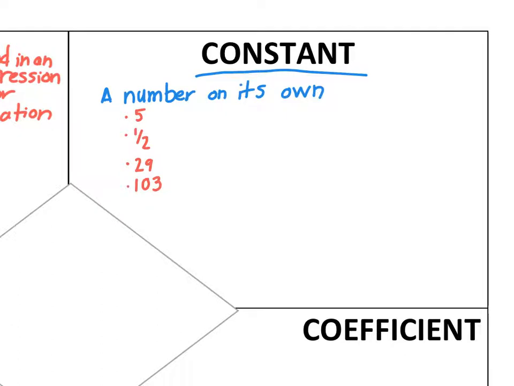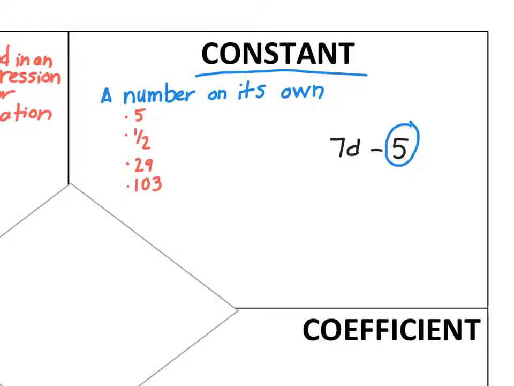So let me give you some examples. For an expression, if you have an expression such as 7D minus 5, just ignore that bell. The constant in this case would be the 5. That would be our constant.